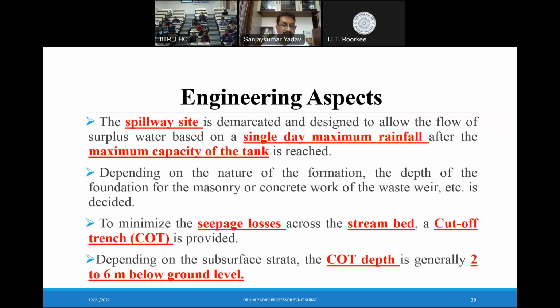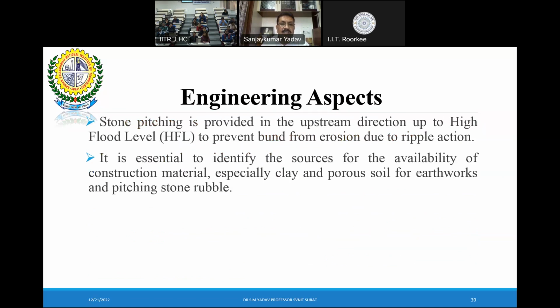decided. To minimize the seepage losses across the stream bed, a cutoff trench is required to be provided. Depending on the subsurface strata, the COT depth is generally 2 to 6 meters below ground level. The stone pitching is provided in the upstream direction up to high flood level to prevent the bund from erosion due to ripple action.